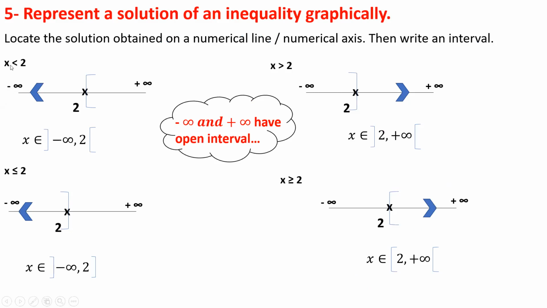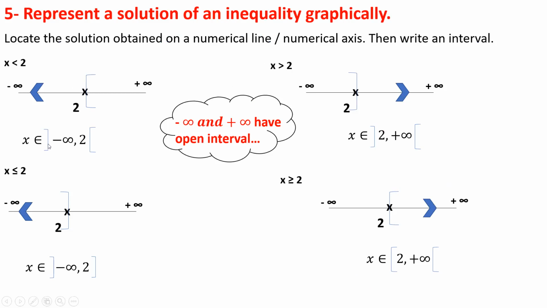Here, since I do not have or equal, I should use the open interval. And how do I draw the open interval? The open interval has a back and it has two hands. If I do not have or equal, it should be opened. How do I draw it? I give the back to the number and the hands are going to the other side.